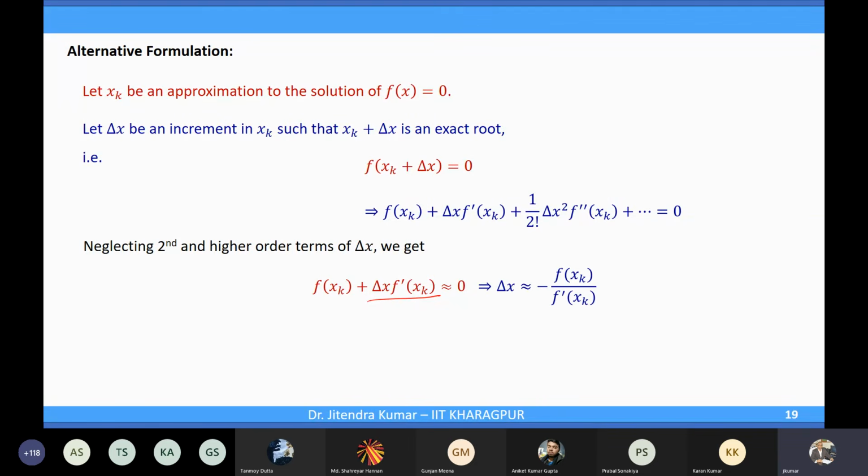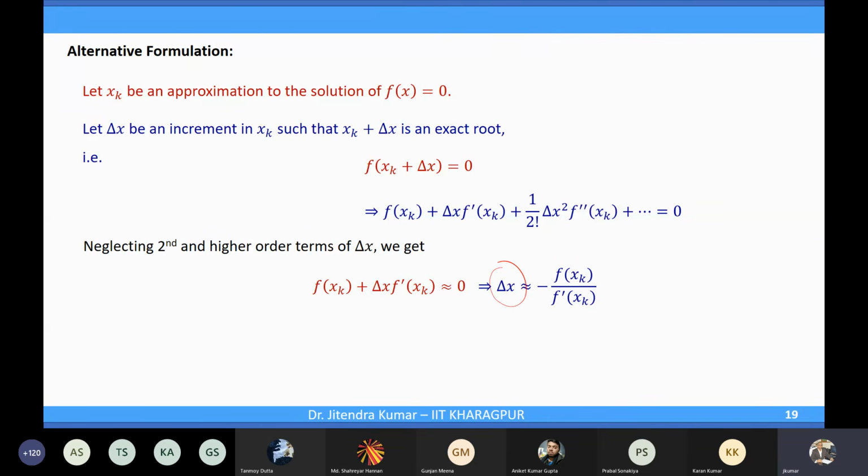From here we get an approximation of this delta x, which is equal to minus f(x_k) over f prime(x_k).